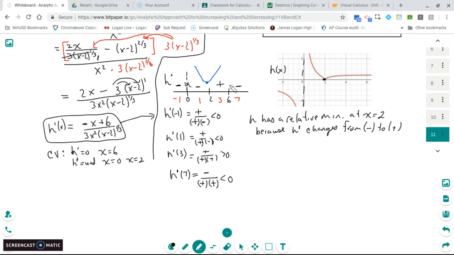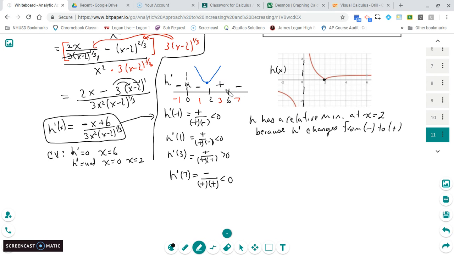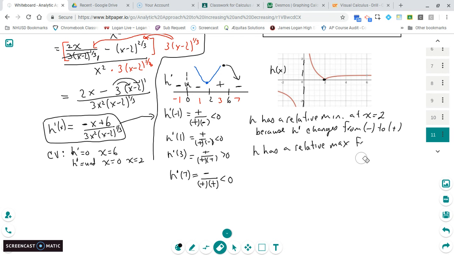All right, there is another relative extrema. I have h prime changing from positive to negative. So recall what that means. That means we have a function that's rising and then it's falling. So what does that mean? We have to have a relative max occur. So h has a relative or local maximum at what point?